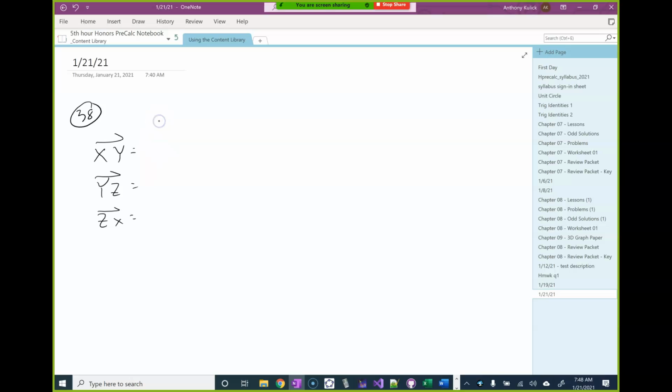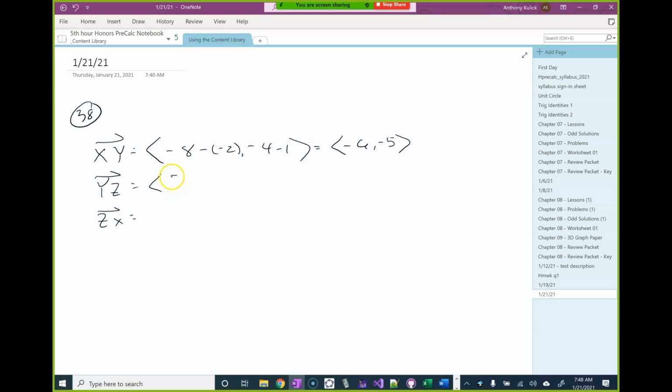So that's going to be the tail, which in this case would be y, minus the head, which in this case would be x, and then y minus x. And then here we're going to do, again, tail minus head.